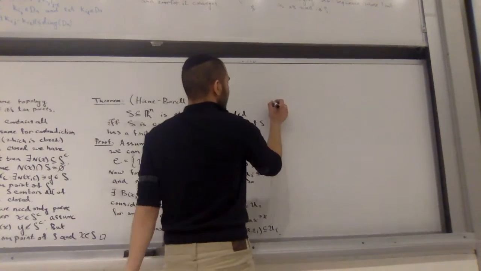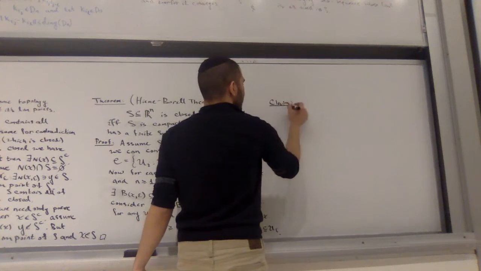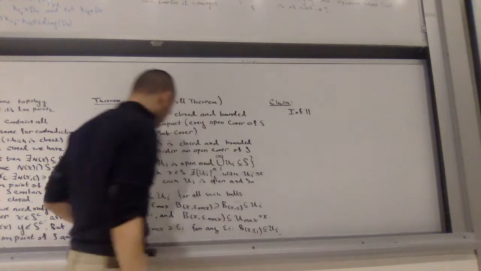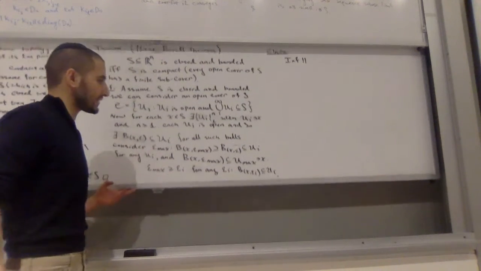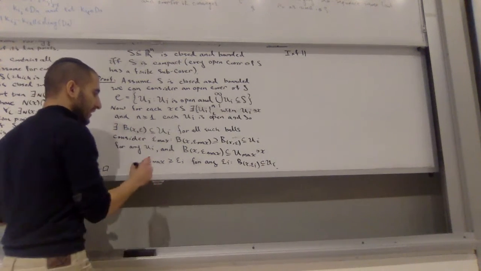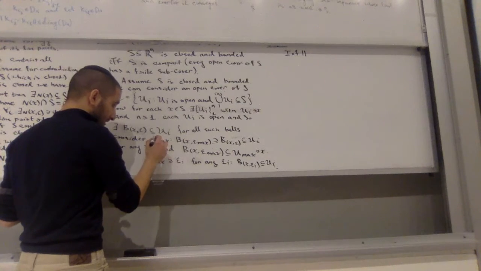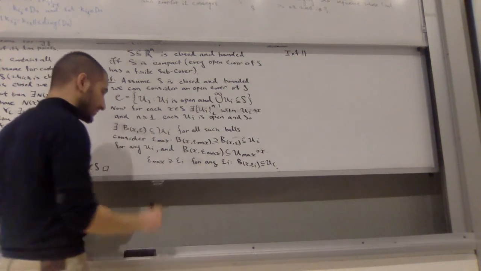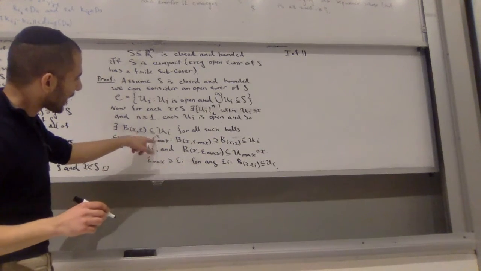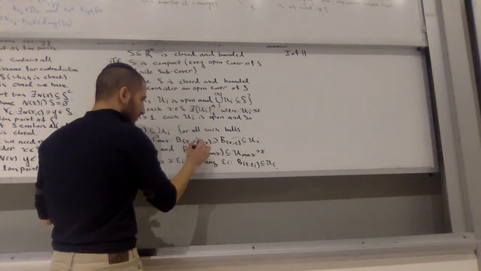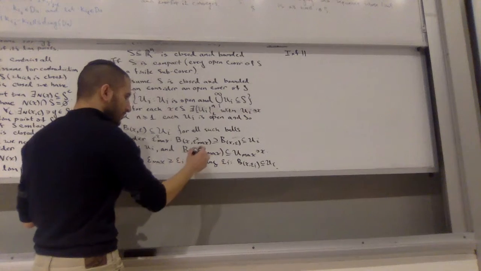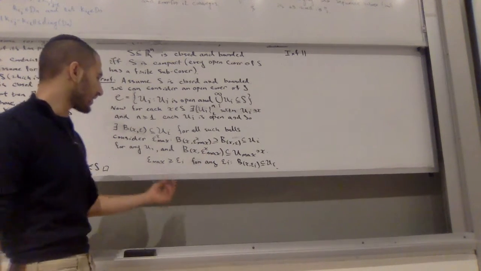Now I claim that the infimum of all such. Now let's consider. Since each x has this property, we could say that epsilon max is associated to a particular x, and so each x has its own epsilon max. We could say epsilon super x max is the one that corresponds to this particular x.